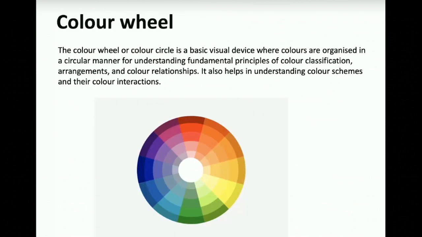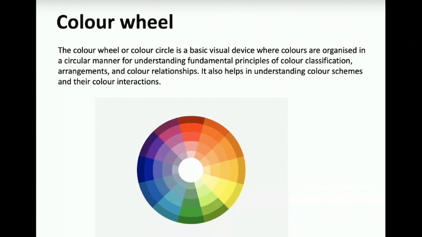Okay, so with the understanding of that, based on the experience of different persons that have lived in this world and how they are exposed to light and the objects they have experienced, they came about what we call the color wheel. The color wheel is basically a circular arrangement of colors, and it does not just come to be.